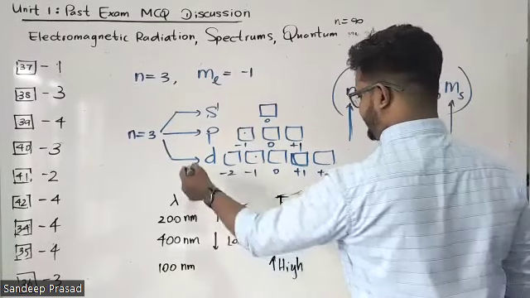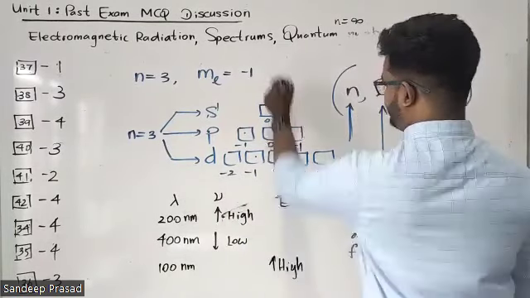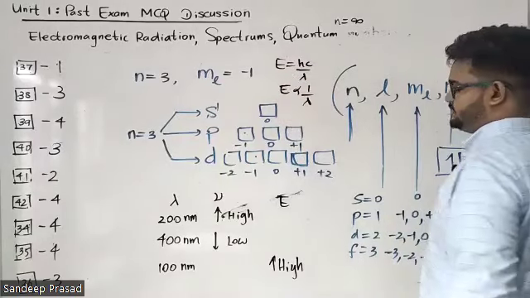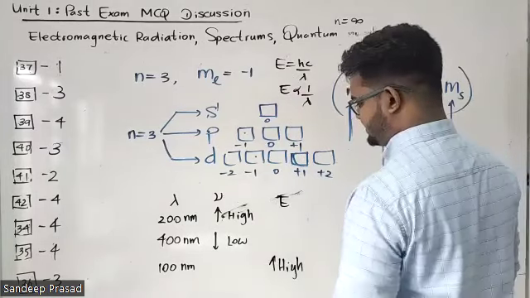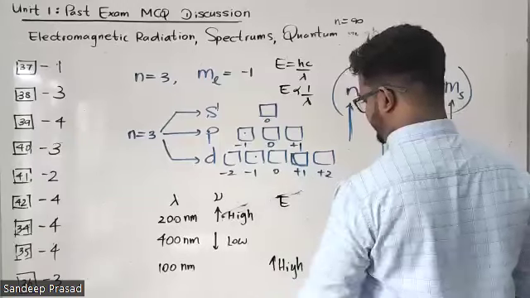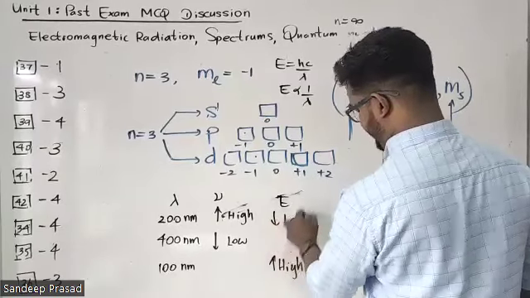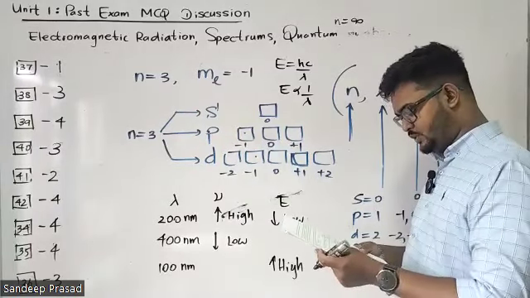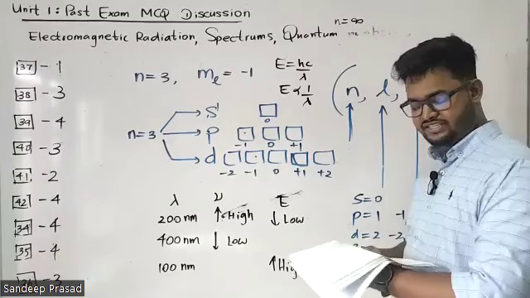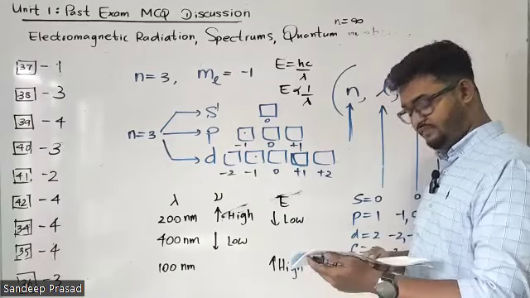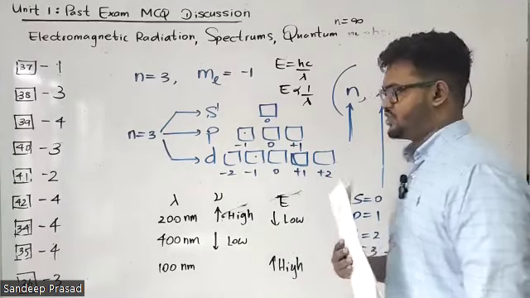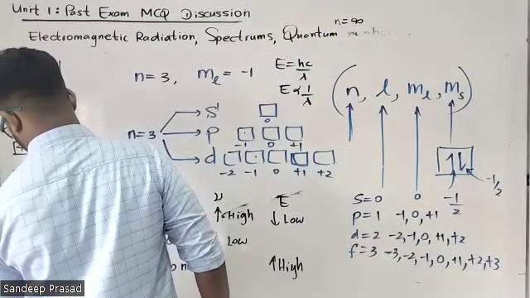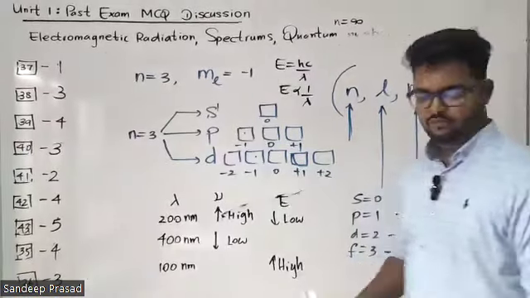Why? The reason is lambda and the energy are inversely proportional, E equals hc over lambda. Energy is inversely proportional to the wavelength. Therefore, when the wavelength is lesser, energy is greater. When the wavelength is greater, energy is low, right? Then we can say that statement is also wrong. So question number 43, answer is number 5.